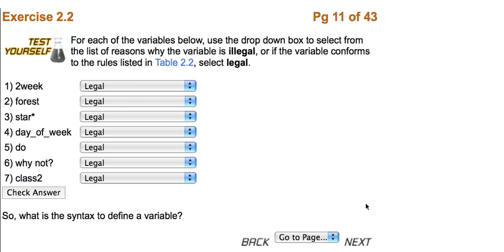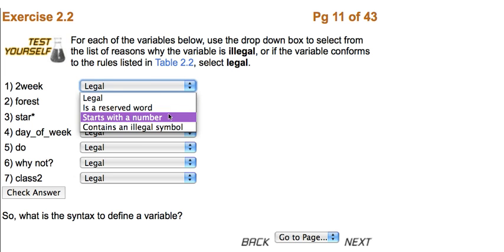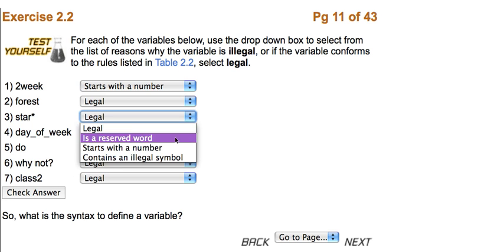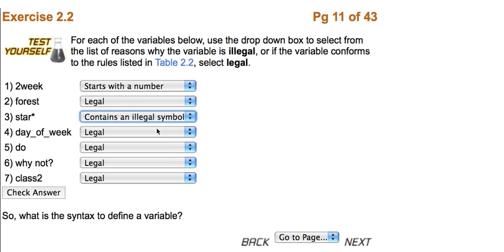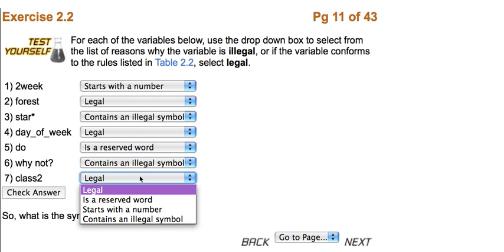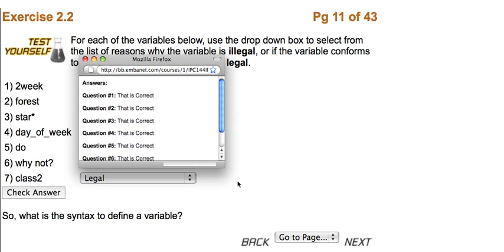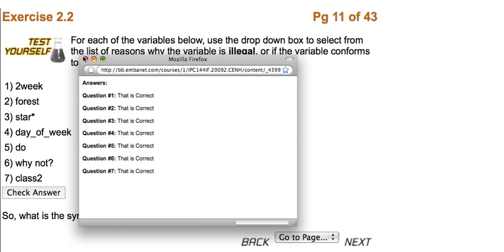I'm going to run through this quickly, and please look at the answers. This contains an illegal symbol, which is a space. And we're going to check our answers, and they're all correct.